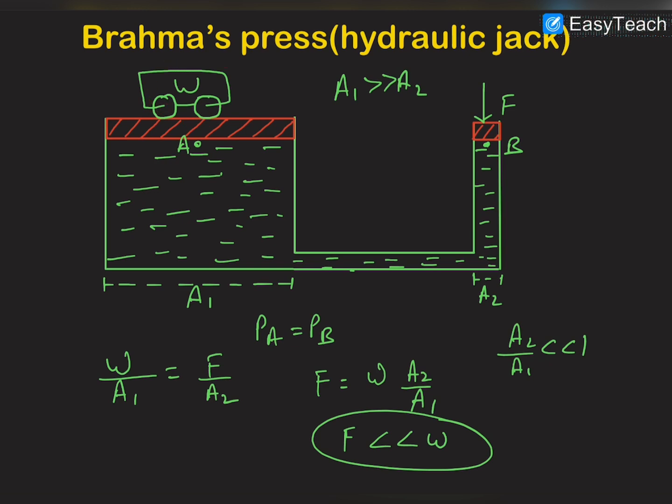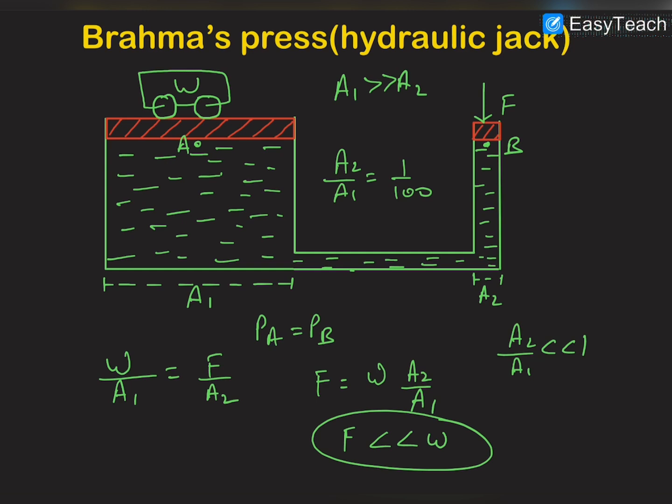So this is the principle of the hydraulic jack, which is also called Bramah's press. Now let us take an example: if the car is of 1000 kg and A2 by A1 is equal to 1 by 100, which means that piston A2 is 100 times smaller in area as compared to piston A1.